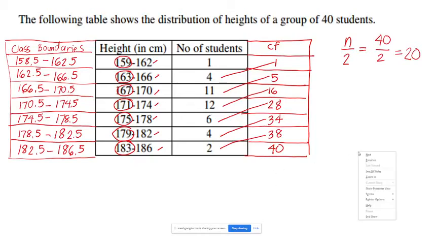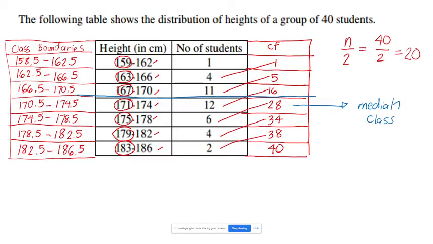I'm going to change color. Let's have a look. This will be our median class. Take note of that. I'm going to highlight that so it's clear where to find the median class.